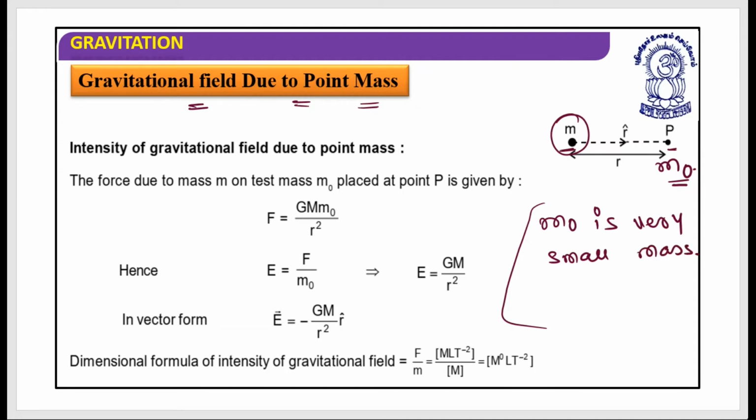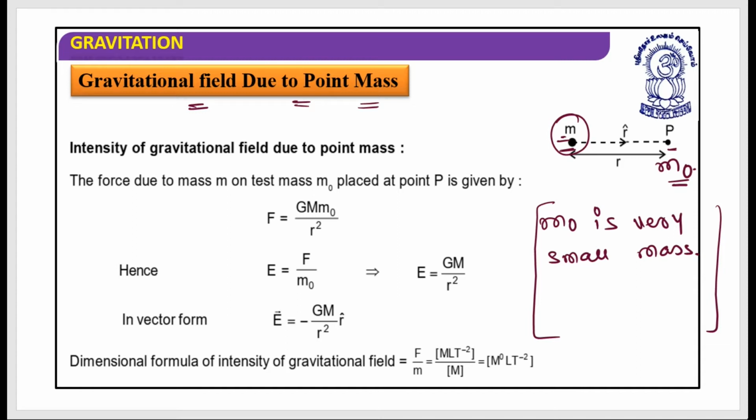This is what we understand by the test mass. When we say it's a very small mass, that means it does not have a gravitational pull that is strong compared to this mass m. That's why we keep it very small.